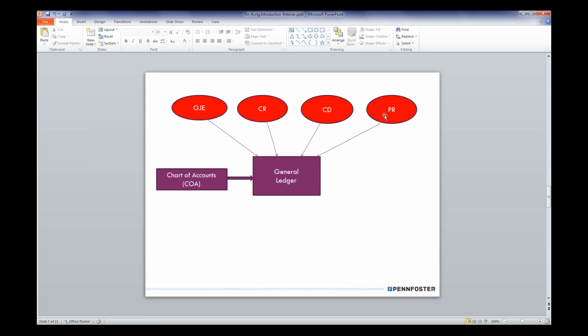Whether you actually use a payroll journal or not, maybe you only have 2 employees and it's not necessary, so you might put those transactions in your general journal. But maybe you do set up a receipt journal and a disbursements journal. It's all up to you. But the bottom line is that a journal is a journal, and all that's being done is you're recording the transaction, right? Now, here's the rub of it.